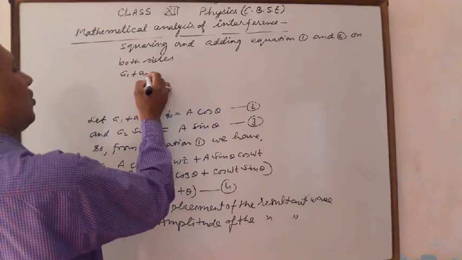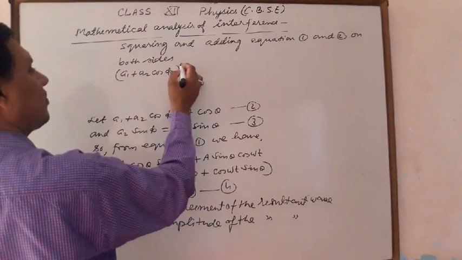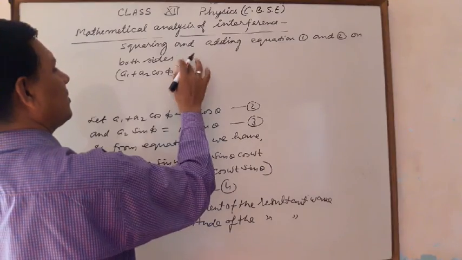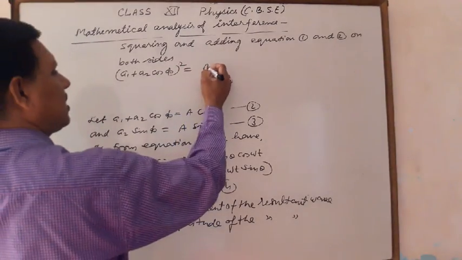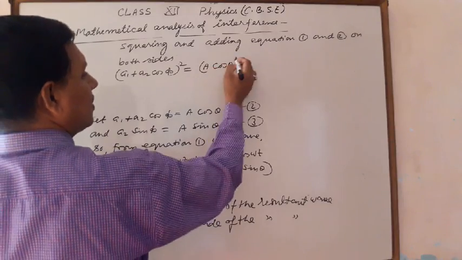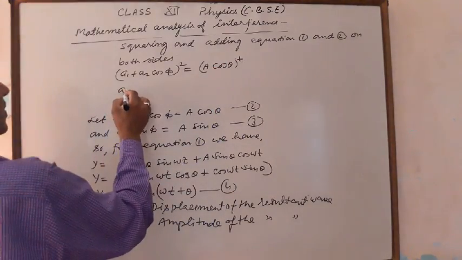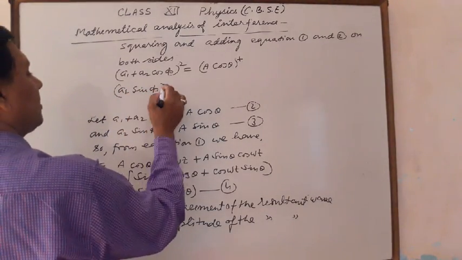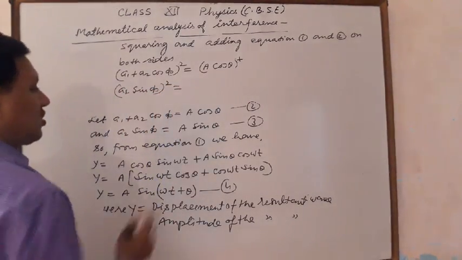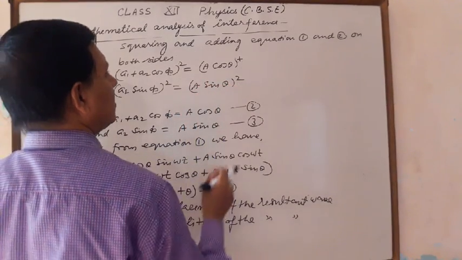(A1 plus A2 cos phi) square is equal to A cos theta square, and A2 sin phi square is equal to A sin theta square.